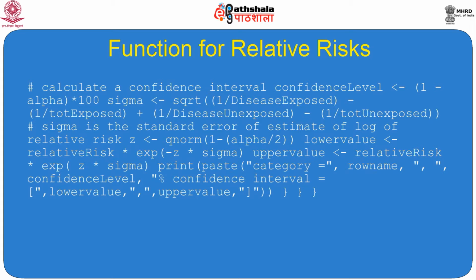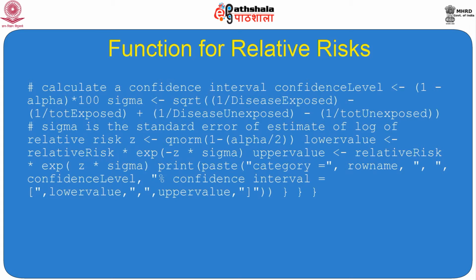Confidence level is defined as 1 minus alpha multiplied by 100, and here sigma is defined as the square root of 1 by disease exposed minus 1 by total exposed plus 1 by disease unexposed minus 1 by total unexposed. The theoretical formulations to obtain the confidence interval we may find in a book, and here sigma is the standard error used to estimate the log of relative risks.